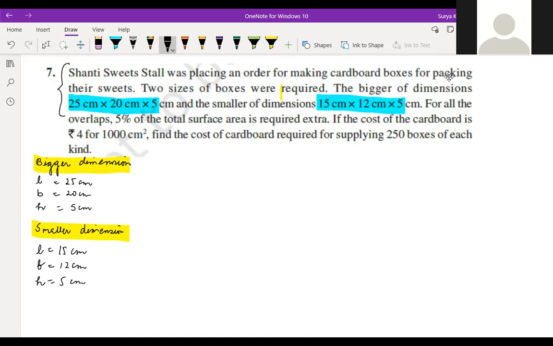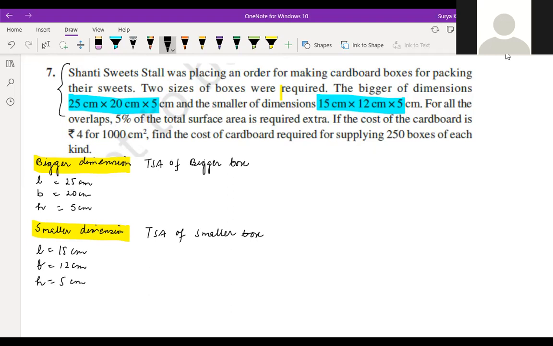Now the next part is for all the overlaps. They are making boxes. Boxes means, children, the total surface area of the box will come. Can you find the total surface area of the bigger box? And here also you can write the total surface area of the smaller box. Leave the overlaps for right now. First you find the total surface area, then we add 5% extra on it.